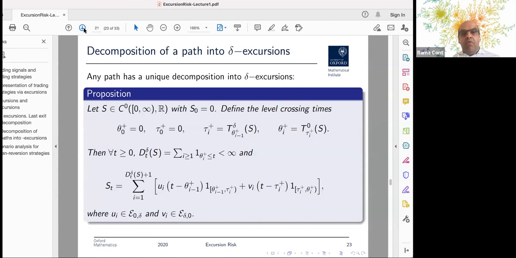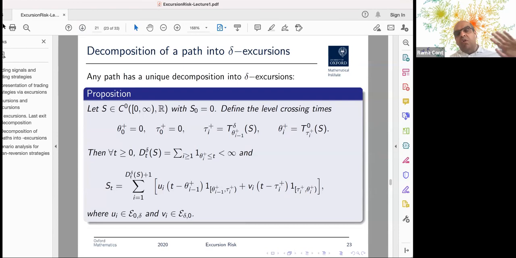Now, the following result that I'm going to show you tells you that's nice, because this is always possible. You have a nice and clean way to decompose any signal into a concatenation of delta excursions. And this is the statement here. Any path, and here when I say path, I mean continuous path.